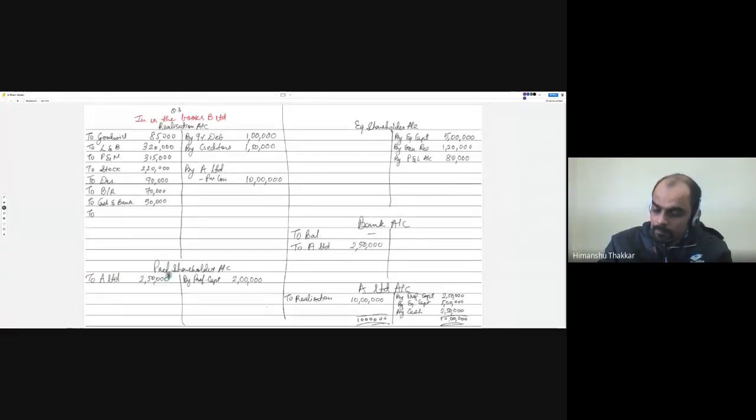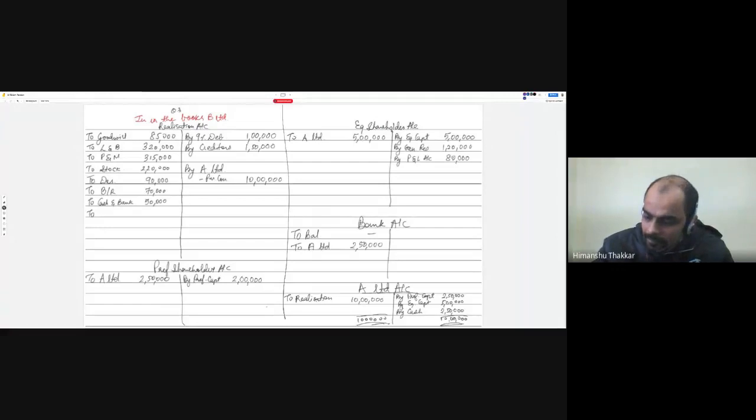Okay. And to A Limited in equity shares 5 lakhs. Okay. So we have written all the transactions that we needed to write.